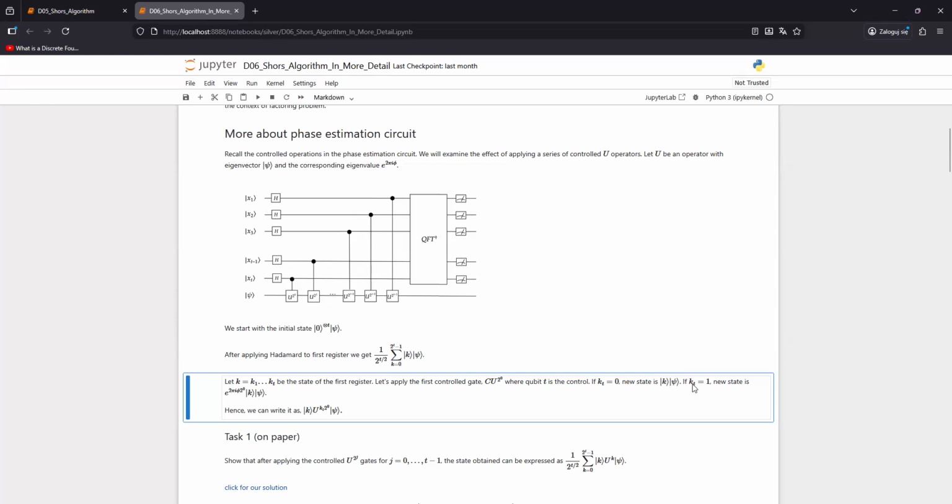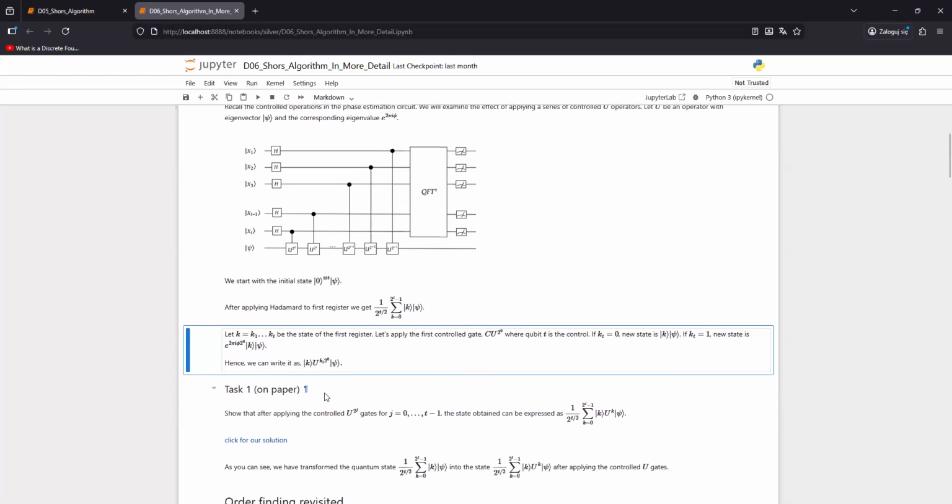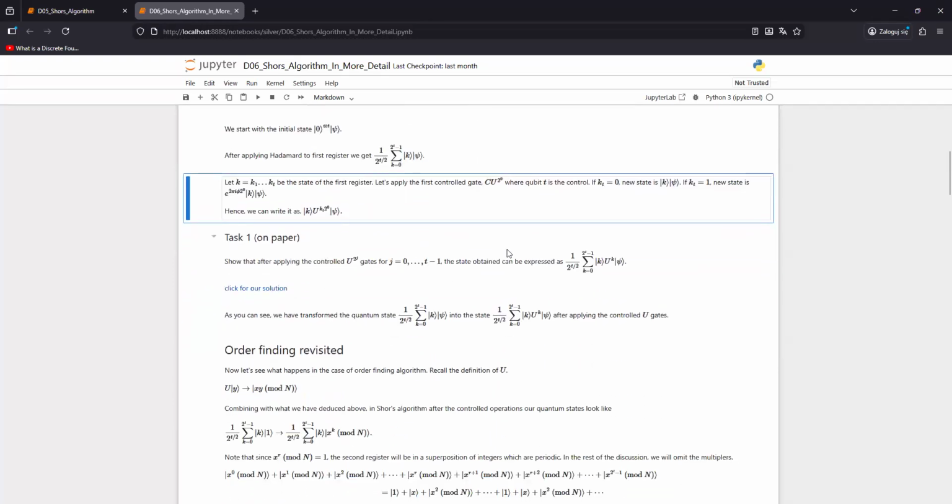But for k_t equal to 1, we will apply this U gate once, the thing that I believe I showed you on Monday. So we can write this in a more elaborate way, where we have e to the power of something. I showed you this on Monday too, but expressed in the long form.